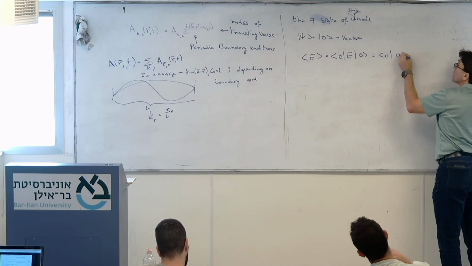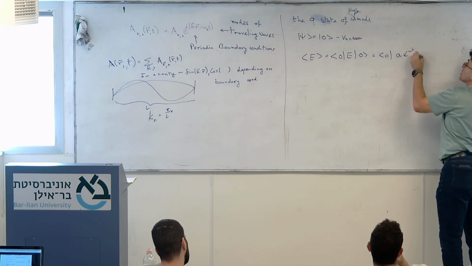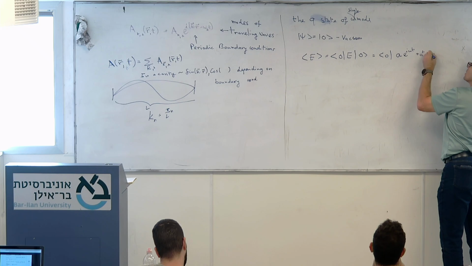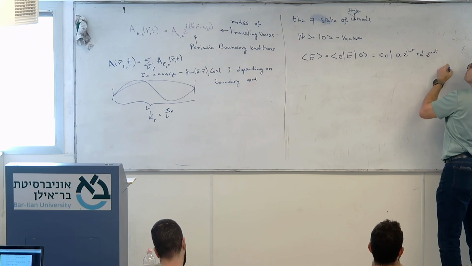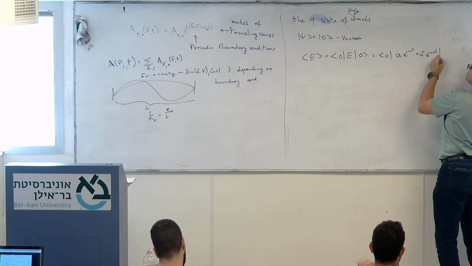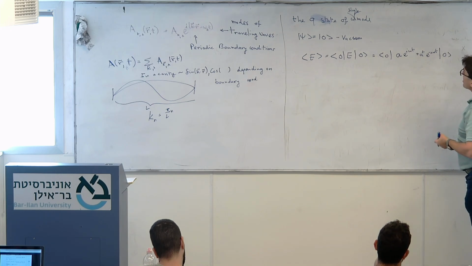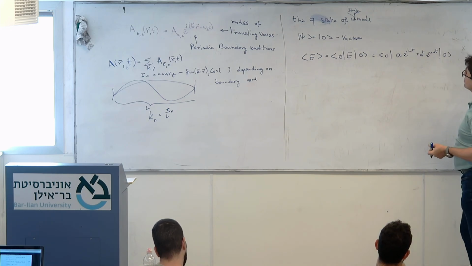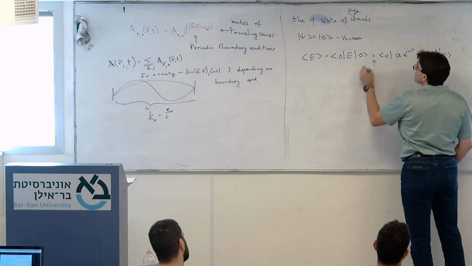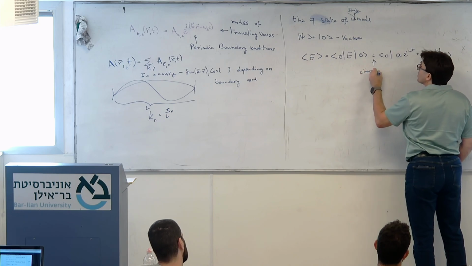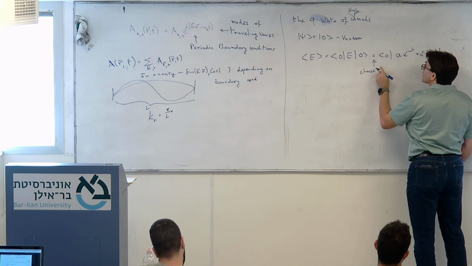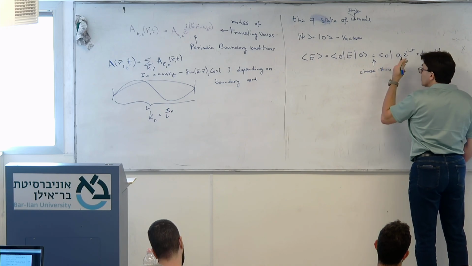And this is just A e to the I omega t plus A dagger e to the minus I omega t. Now, honestly, it doesn't matter. So say we choose R equals 0.